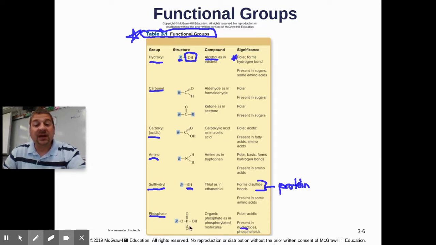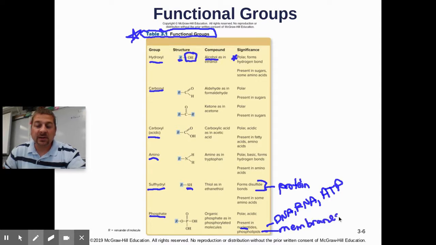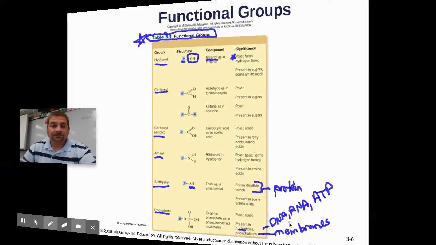Phosphate groups in phospholipids. DNA, RNA. Remember, ATP is adenosine triphosphate. That bond between the second and third phosphate is important. Phospholipids, which we find in cell membranes and other membrane-bound organelles in the cell.